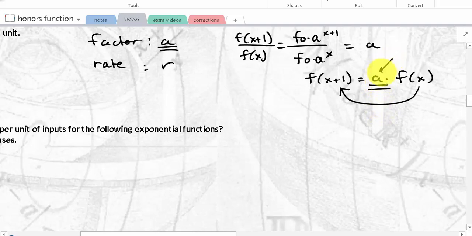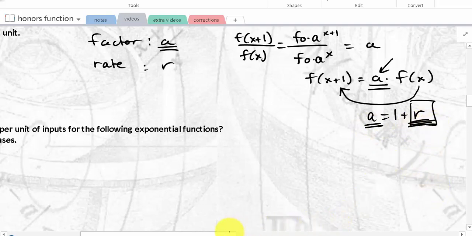Again, not a function of x, a constant thing. It increases by a factor of a, and a is 1 plus r. So if it increases by a factor of a, it means the relative change between f of x and f of x plus 1 is r%. Again, don't confuse factor with relative change.